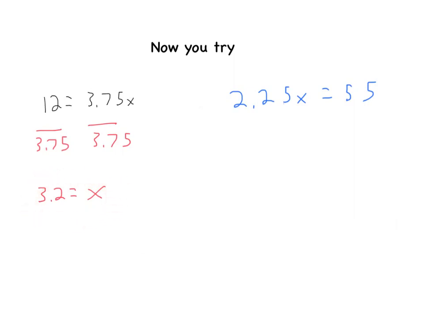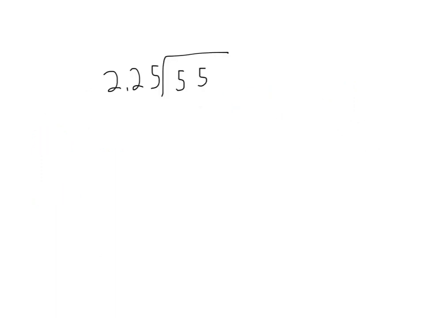Now let's look over at the other one. 2.25x equals 55. Divide each side by 2.25. I'll do that as well. 55 divided by 2.25. Again, I move the decimal twice, which means I add 2 zeros, extend my bar. 225 goes into 550 twice.